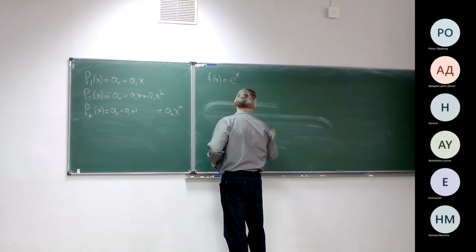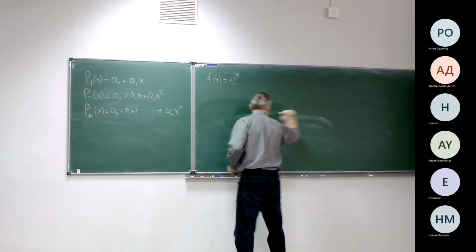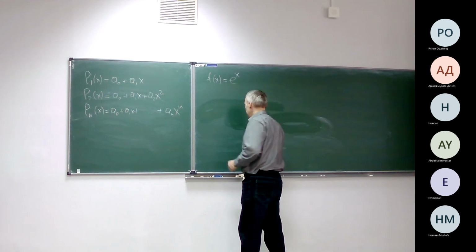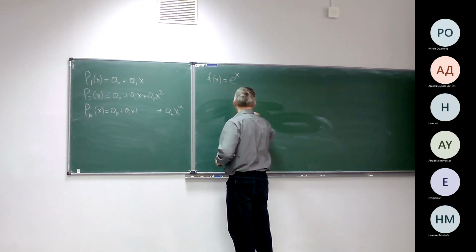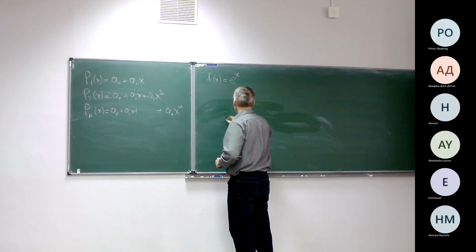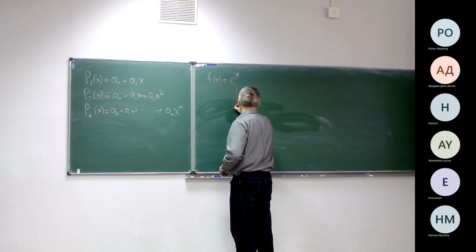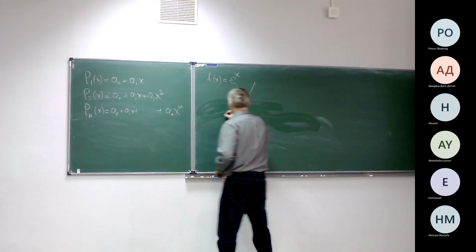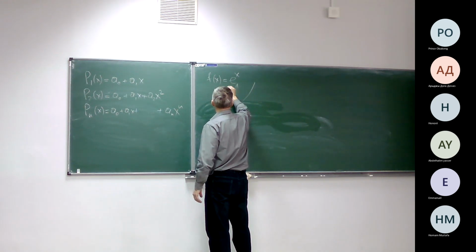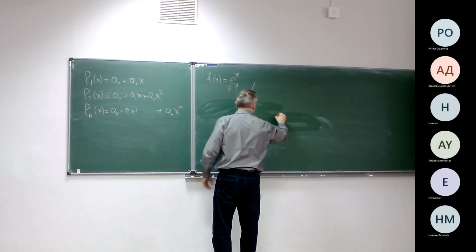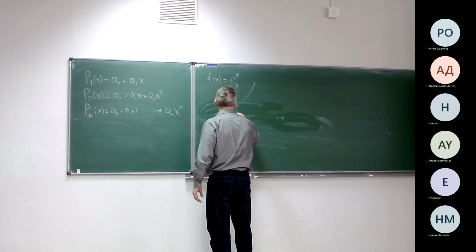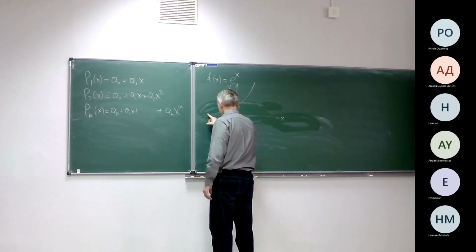It will look like this. Exponential function. At the point 0, the value is 1, and it looks like this. This is y, this is x, 0 and 1.